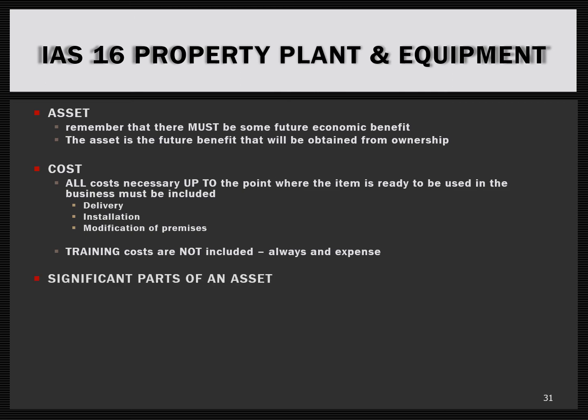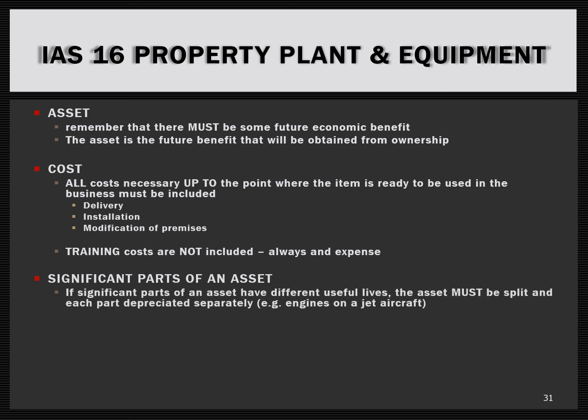Another important thing to remember about assets: if parts of the asset have different lifetimes and each part is a significant part of the overall cost of the asset, then IAS 16 says that the asset must be split up and each part of the asset must be depreciated individually over its own useful life.